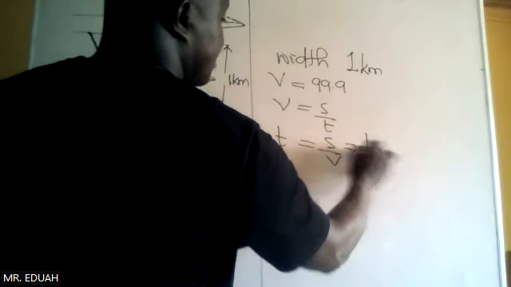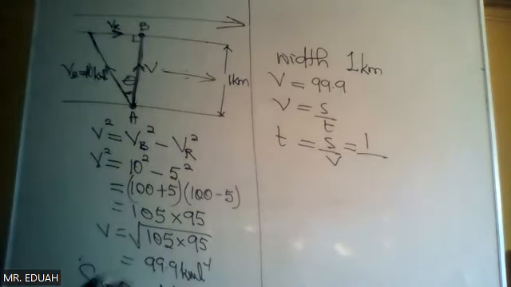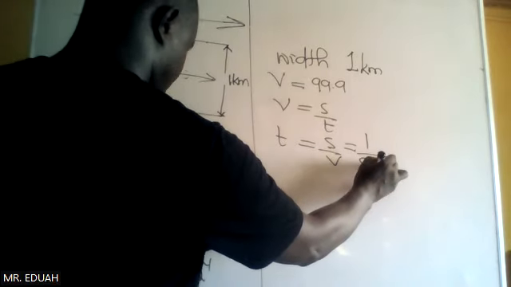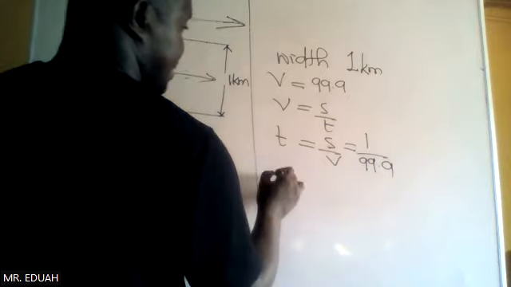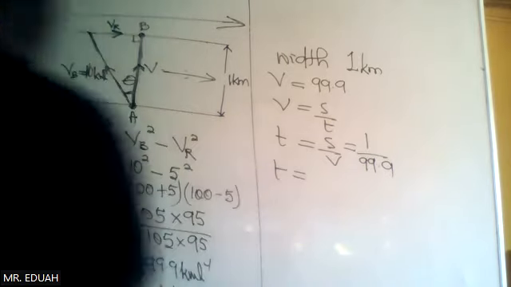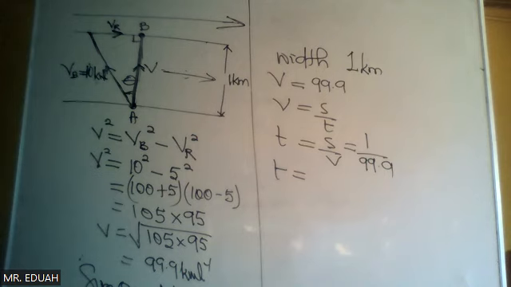So we have 1 kilometer divided by 99.9 kilometer per hour. Therefore, divide 1 by that for us. 1 divided by 99.9, the answer is 0.0100. I'm also looking at this hypotenuse.